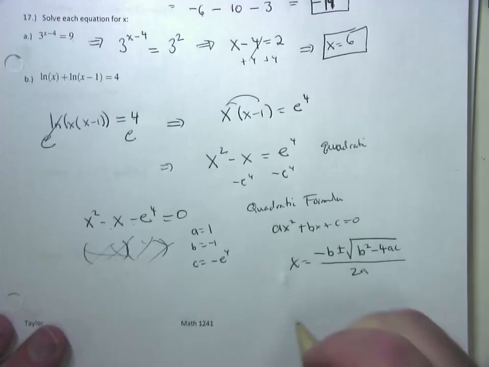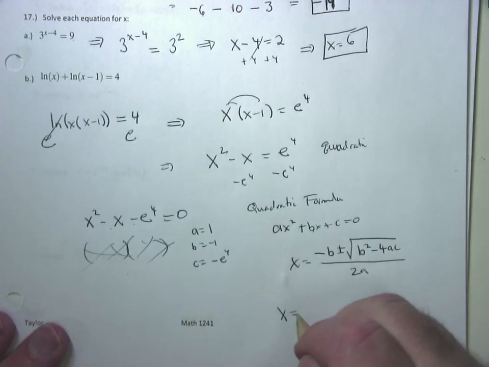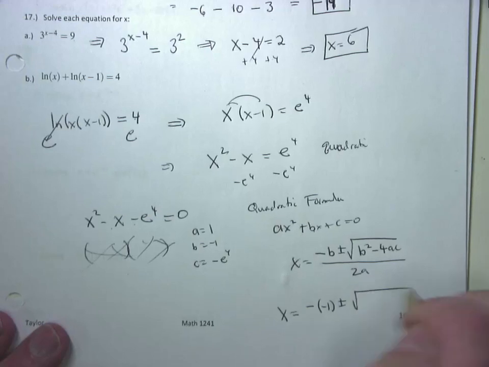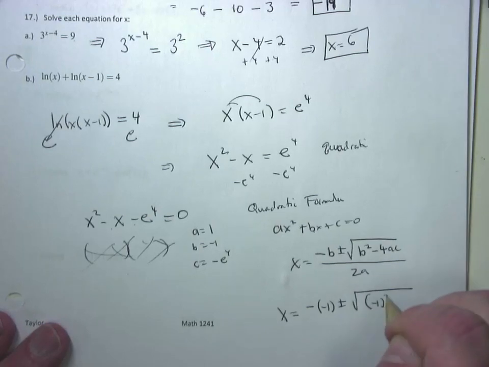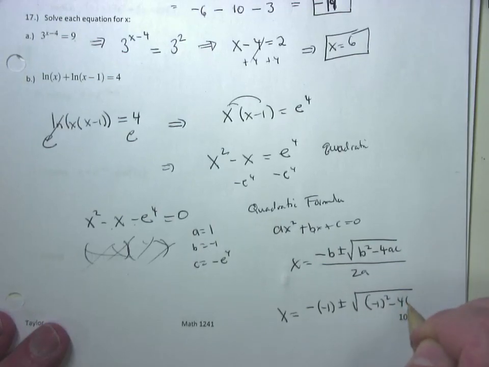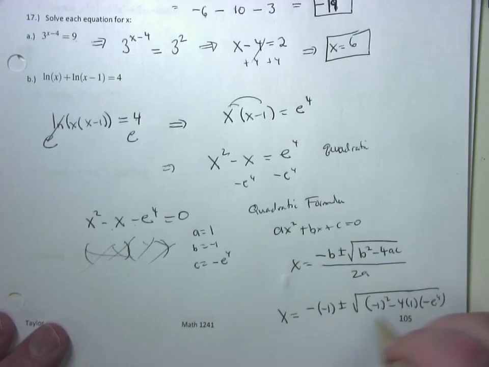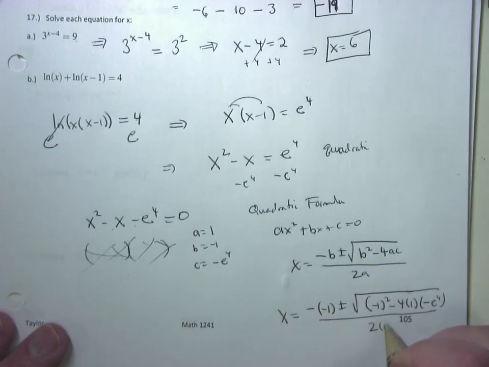So I'm going to plug it into my formula. X is equal to negative b, which is negative 1, plus or minus the square root of b, which is negative 1 squared minus 4 times a, which is 1 times c, which is negative e to the 4th, all over 2 times a, which is 1.